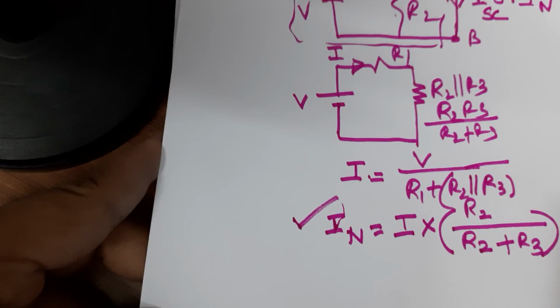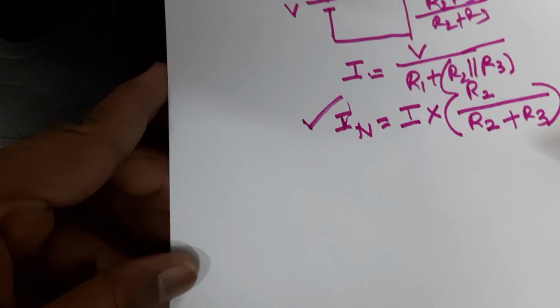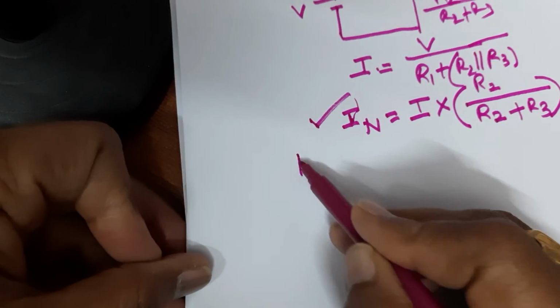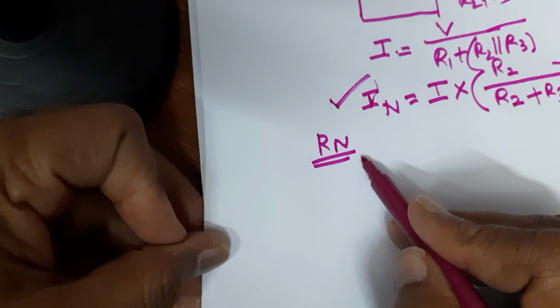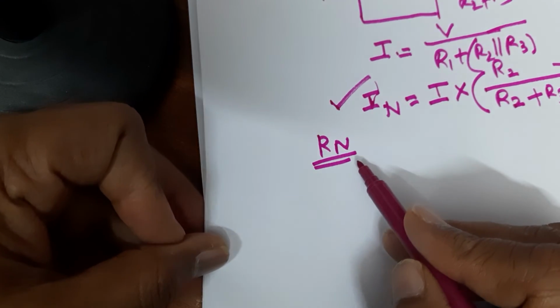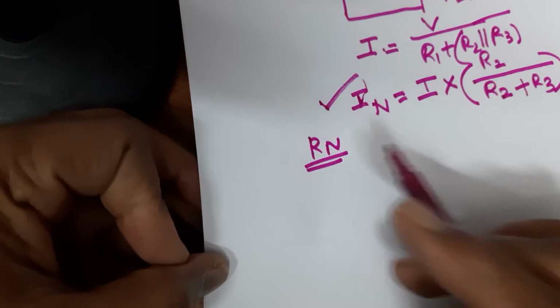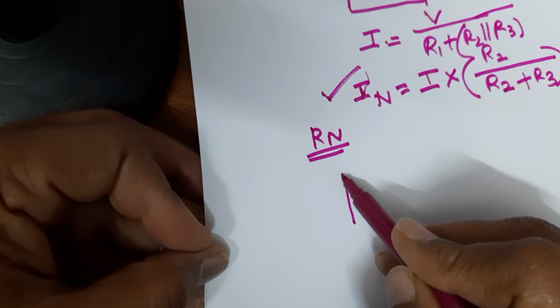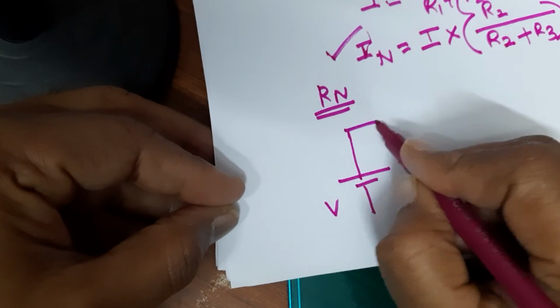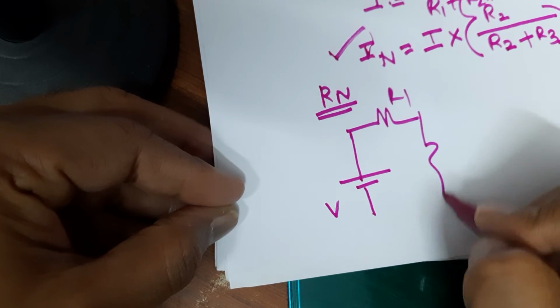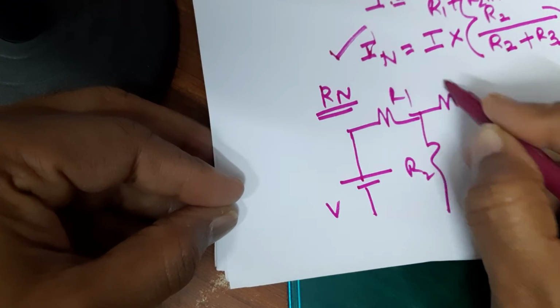Similarly, how to find the Norton's resistance? It is just like what we did in Thevenin's theorem; in the same lines we will find it. Take the network again: voltage, R1, R2, R3.